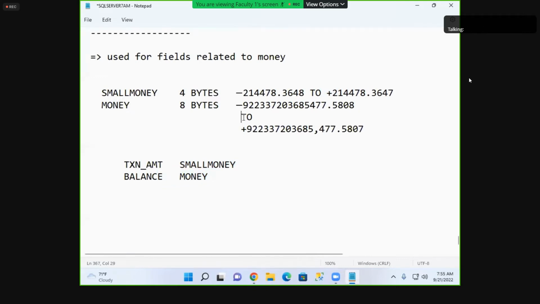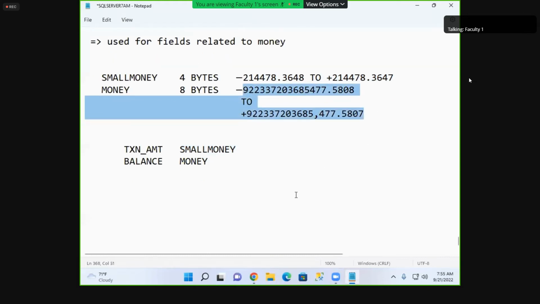For storing these floats, how many data types are there? This is also a float.